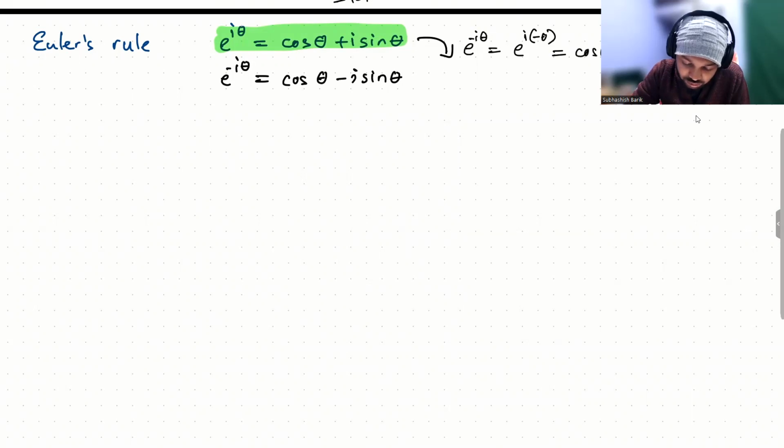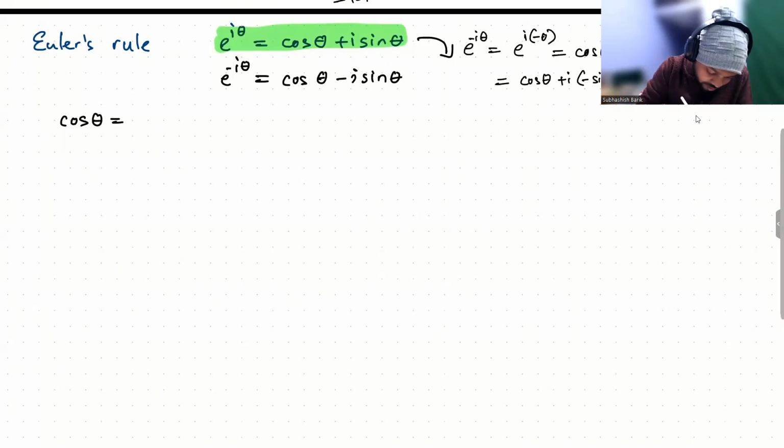So this becomes cos of minus theta plus i times sine of minus theta. And we very well know that cos of minus theta is cos theta, and sine of minus theta is minus sine theta. So it becomes cos theta minus i sine theta. If you do a little more math, then you can find out that cos theta can be written as e to the power i theta plus e to the power minus i theta over 2.